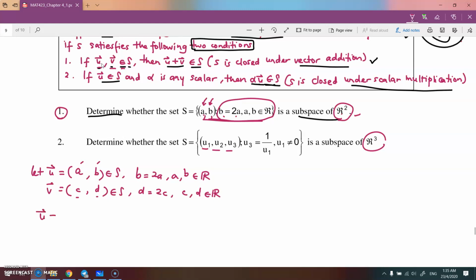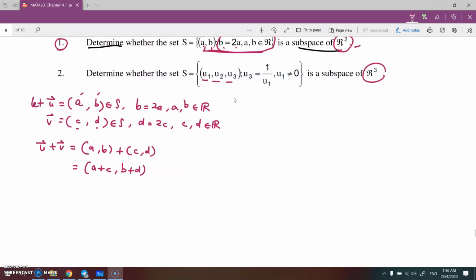Now we add this together. You add it by normal vector addition, which means A plus C, B plus D. If this is the vector, the first and second component, what would your condition look like? The condition is B equal to 2A, D equal to 2C.